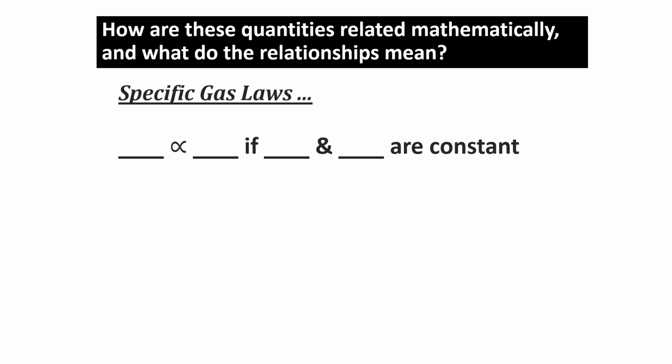So if the variables are on the same side of the equation, they are inversely related, which means if one variable goes up, the other must go down. And if the variables are on different sides of the equation, then they are directly related, which means if one goes up, the other also has to go up.